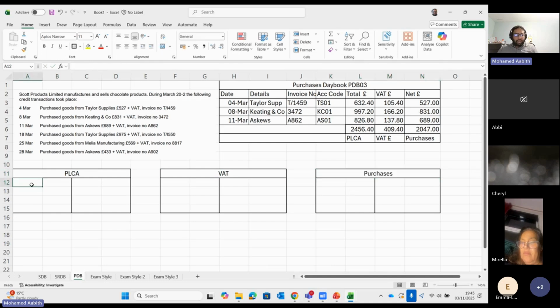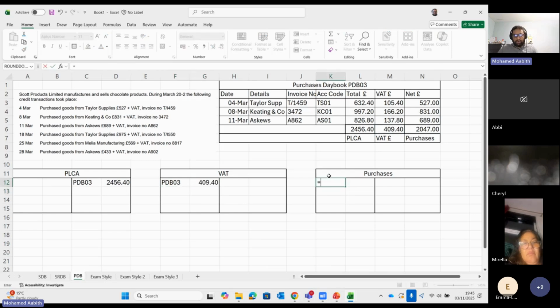How I'm going to be entering them here: PDB03, the amount is equal to that figure, 245640. Then the other side, PDB03 is equal to that VAT amount. And then here, PDB03 is equal to that amount there.